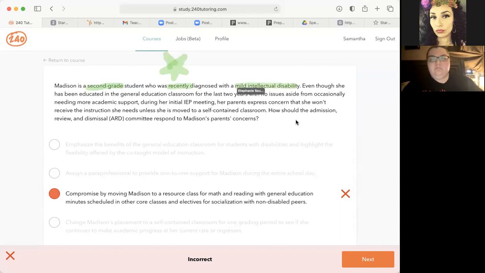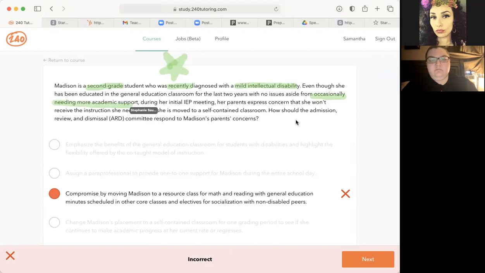And she's in second grade. Even though she has been educated in the general education classroom for the last 2 years, so kinder and second, I guess, or first and second, and has no issues aside from occasionally needing, and again, another keyword, because it's a sort of temporal marker, she occasionally needs academic support.